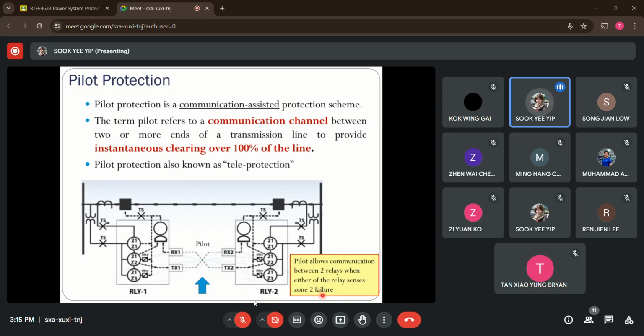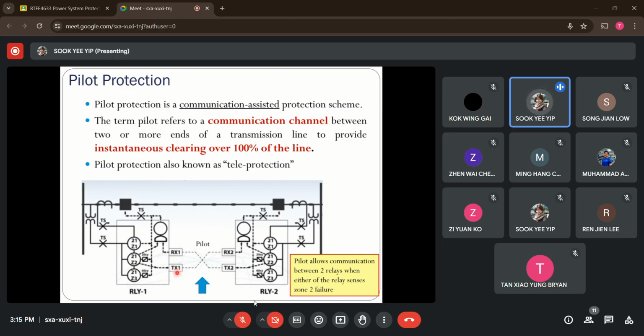So it's like this. Now, whenever a fault occurs, let's say at the beginning of the transmission line here, yes, we know relay 1 here is able to pick up this fault via its first zone of protection. So it will send the tripping command to the circuit breaker. But at the same time, it will activate this pilot, or the communication channel.